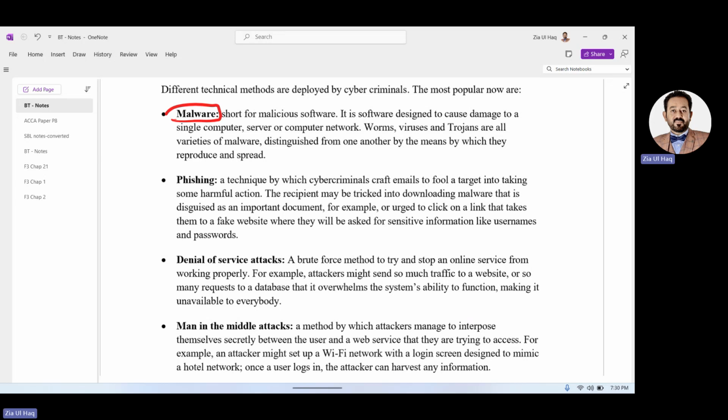Phishing means a virus that is coming through email or through a message. Malware is a virus that can be transferred from a hard drive or USB from one computer to another. But phishing is a virus that enters the computer through a message or an email.